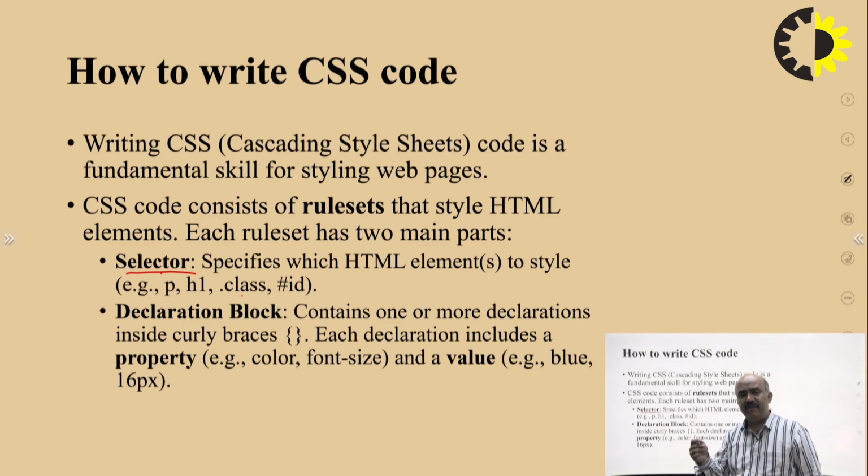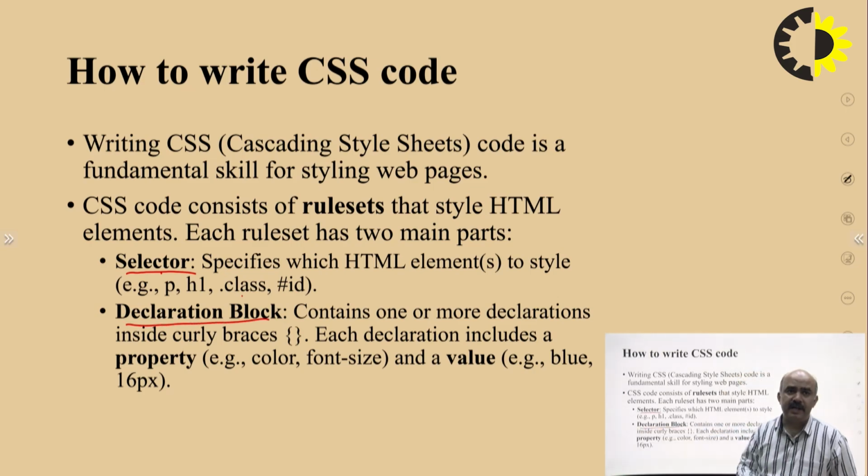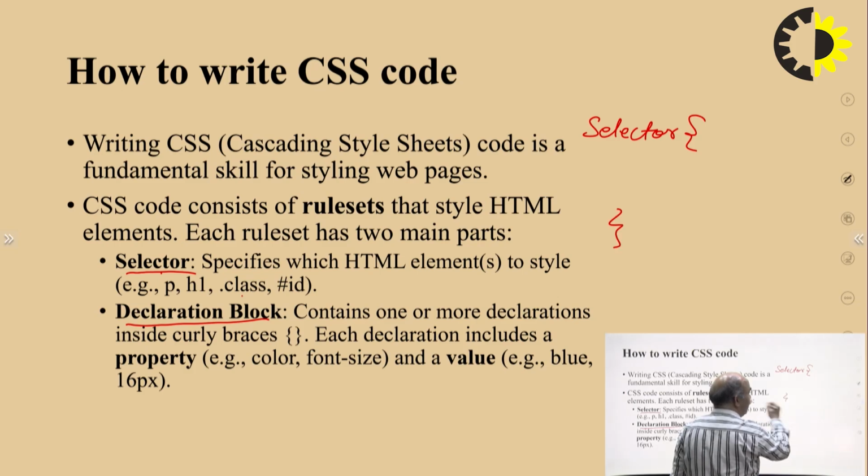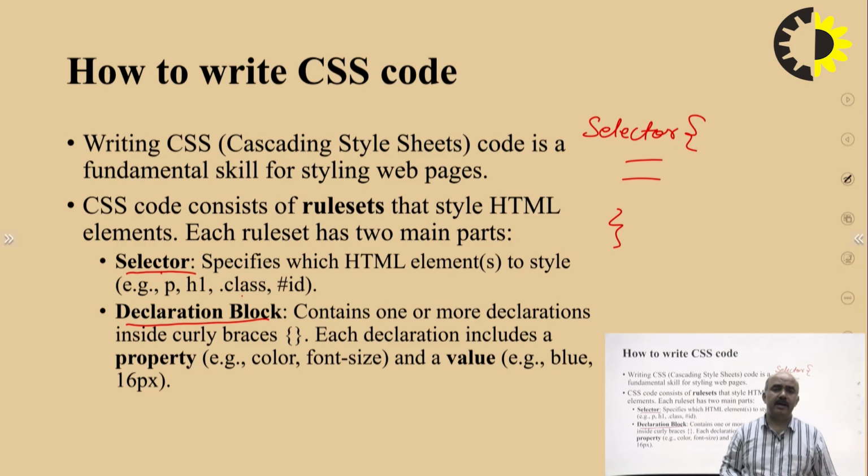After identifying the selector, we provide a declaration block, which contains one or more properties, or rules. The format is the selector, then within curly braces you write the properties, whether with respect to the background of the web page, the font of the web page, the size of the text, or anything else that you want to display.